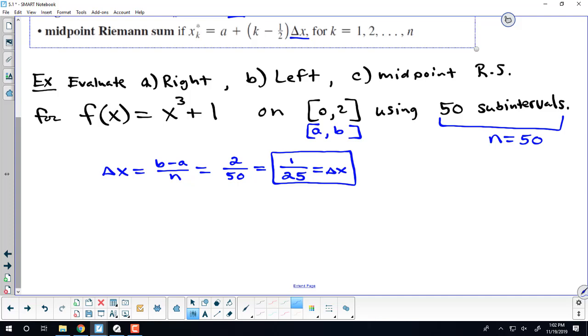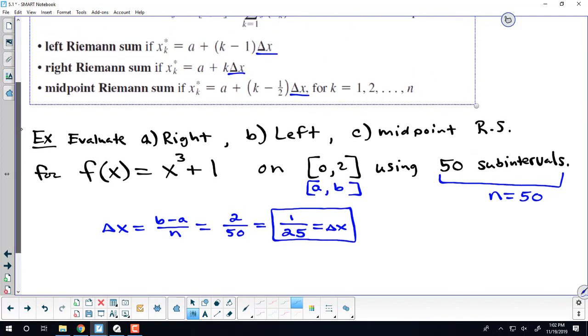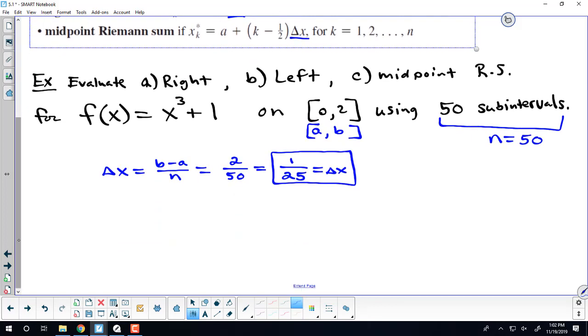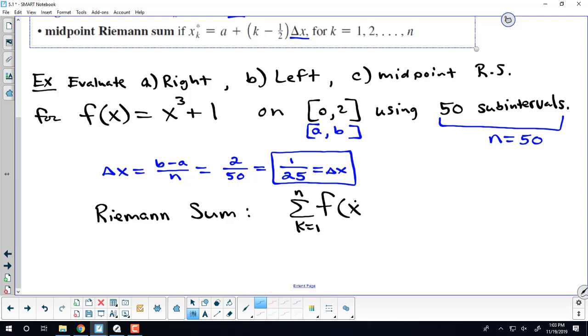And then once we have delta x, to look at the right Riemann sum, it's worthwhile to write the definition down. This Riemann sum definition is for all three of those. The Riemann sum is defined as the sum from k equals 1 to n of f evaluated at x star sub k times delta x.